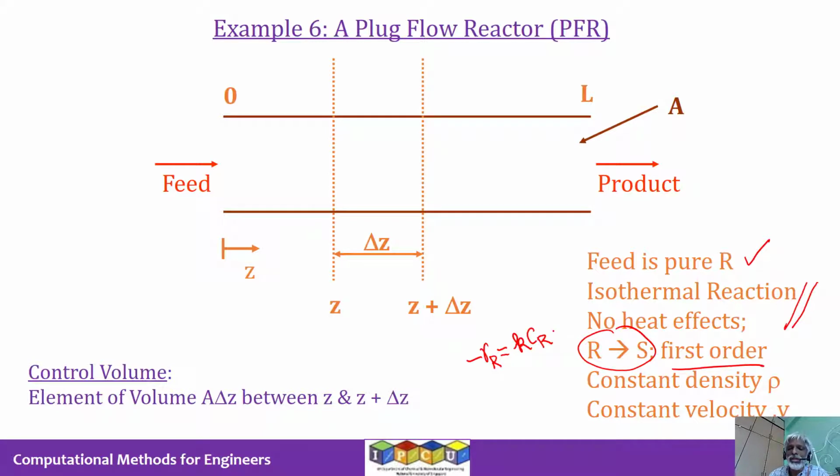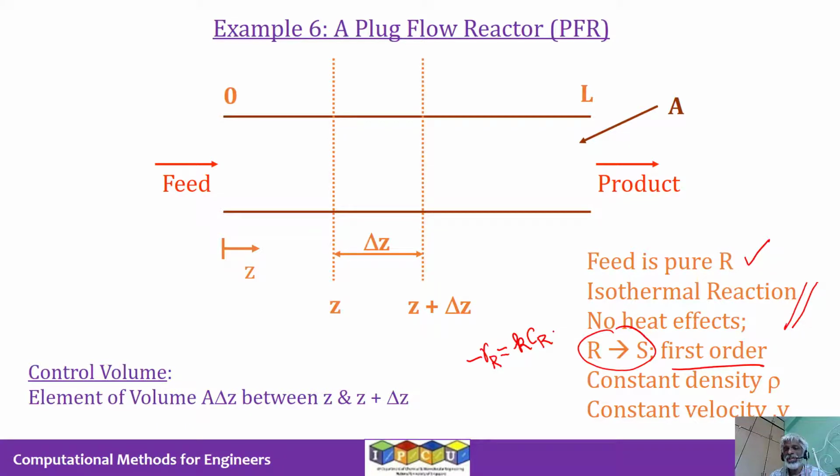And C_R, the concentration of species R, will vary as we go into the reactor. At the entrance of the reactor, we can expect the concentration of R to be maximum. And at the exit of the reactor, the concentration of species R will be the lowest. I'm taking into account the nature of this reaction, R going to S. The concentration of species R is going to decrease as we walk from the reactor entrance towards the reactor exit.